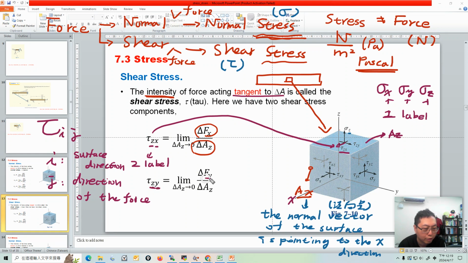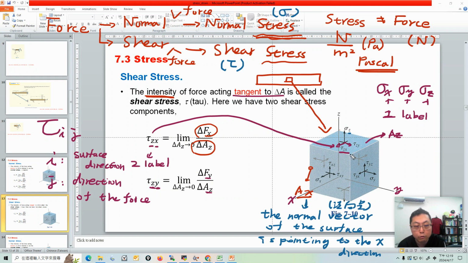Let's look at here, tau zy. You see the force is along the y direction, y is here, and it's acting on the Az surface, so it's called tau zy.